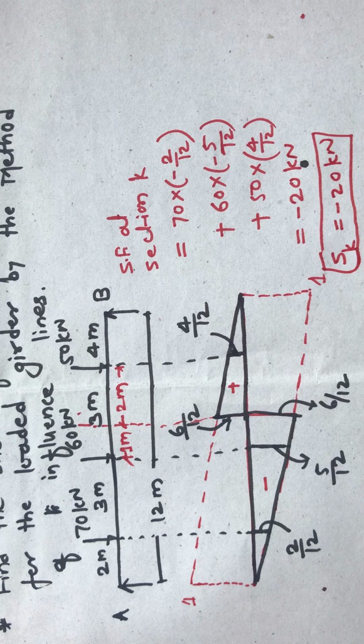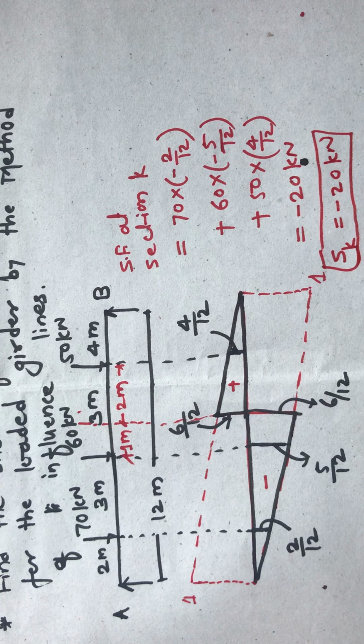So you can see the use of this influence diagram. Here it is not required to calculate the reactions VA and VB, not required to draw the diagrams, not to do the shear force calculation. So it is very simple if you know the influence line diagram for a shear force. You just draw the influence line diagram for the shear force.